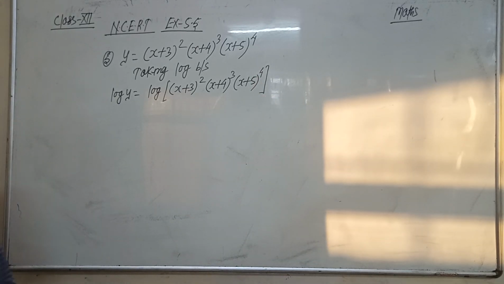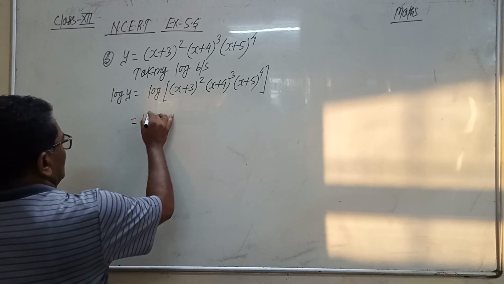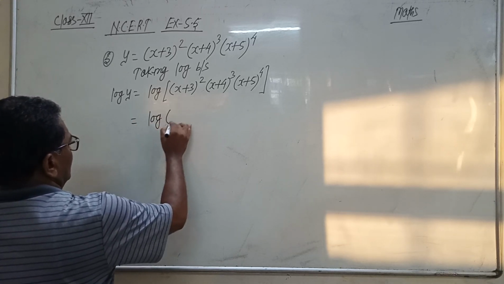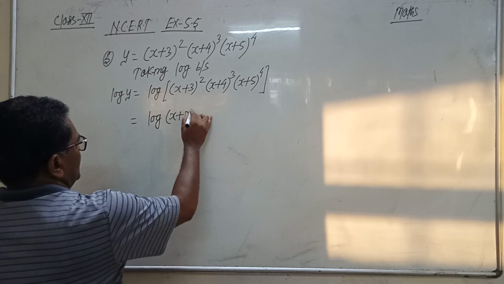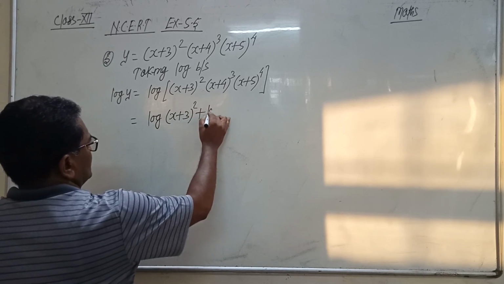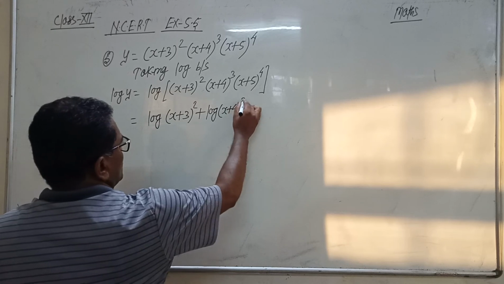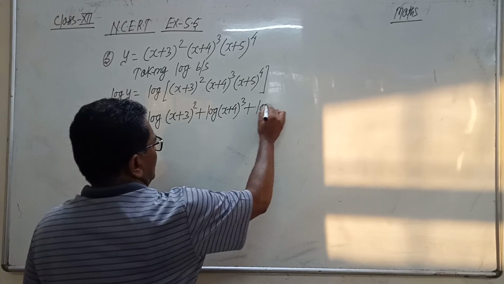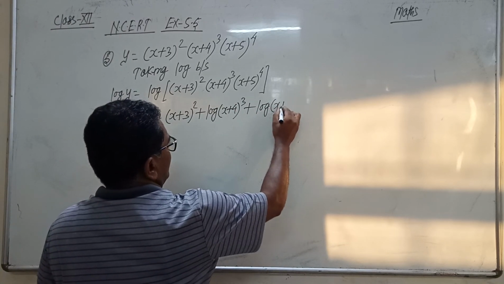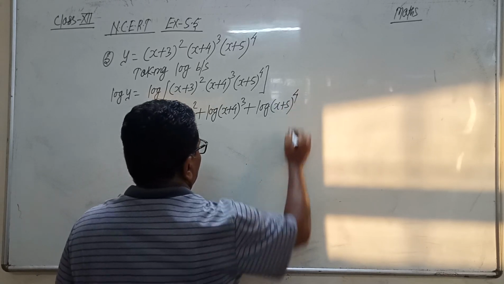This is the form log of a into b into c. So this will be written as log a plus log b plus log c. So log a means log (x plus 3) the whole square, plus log b, log (x plus 4) the whole cube, plus log c means log (x plus 5) raised to the power 4.